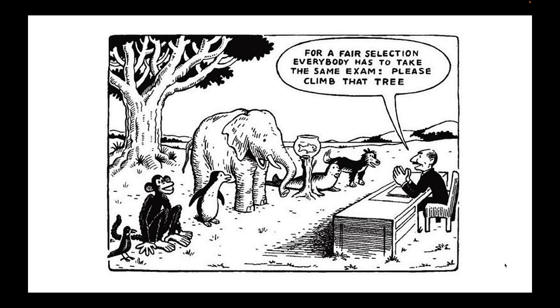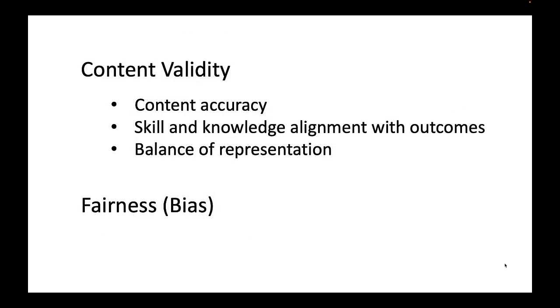Notice that the monkey has a big smile on his or her face because I think they're going to do well. And that monkey would be the kid who has a good vocabulary and can understand some of those words, or at least can decipher them or decode them within the context of those items. So items that reflect vocabulary that are beyond the scope of students would be an example of a bias for sure.